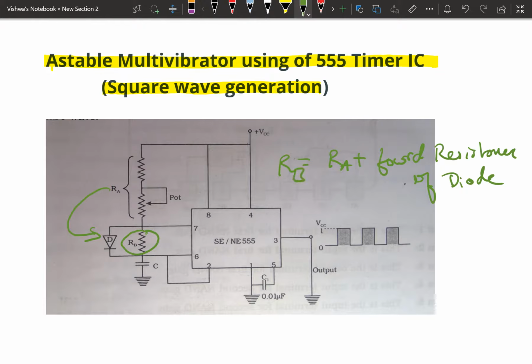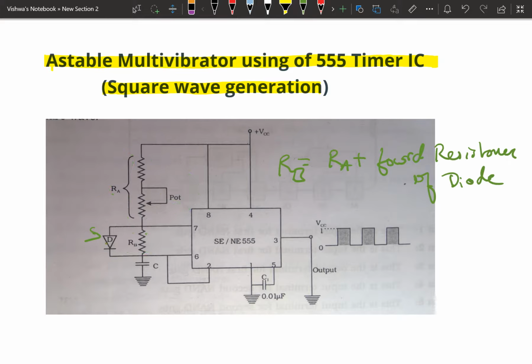Now we can generate an exact square wave by varying the pot resistance. Now these two together are a resistance equal to RA, and the sum of RA and the forward resistance of this diode together is equal to RB.